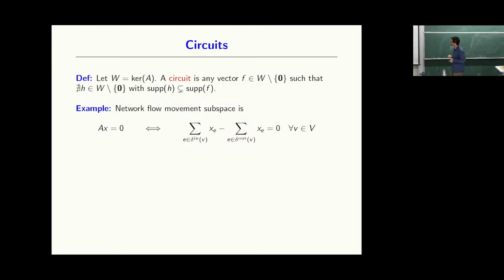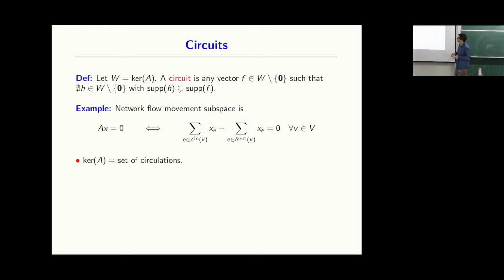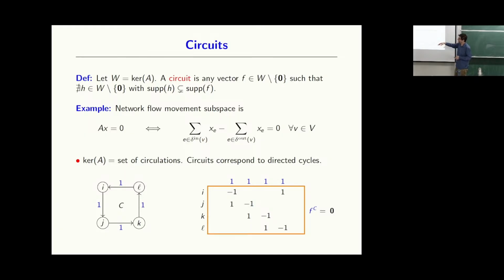So support minimal vectors. Now if you're looking at network flow, which is what you got when you didn't have these funny edge-specific gain factors, so the flow that leaves an edge at the beginning is the same as the amount of flow that arrives on the other side, then the kernel is the set of circulations, and the circuits are precisely directed cycles.